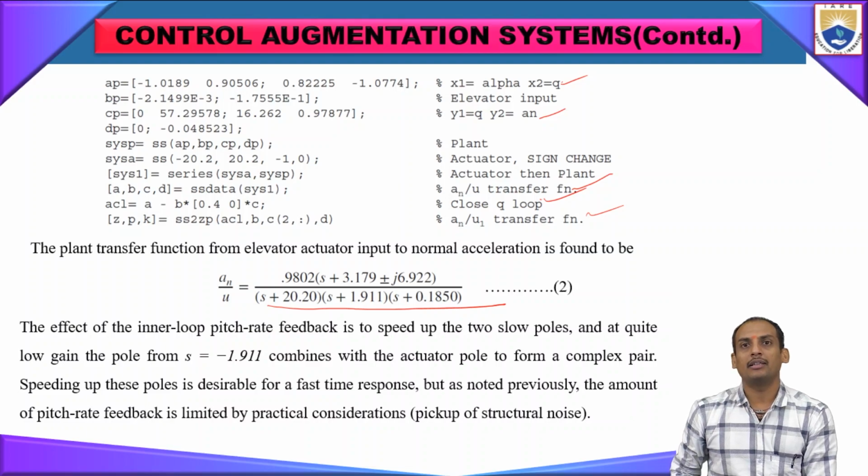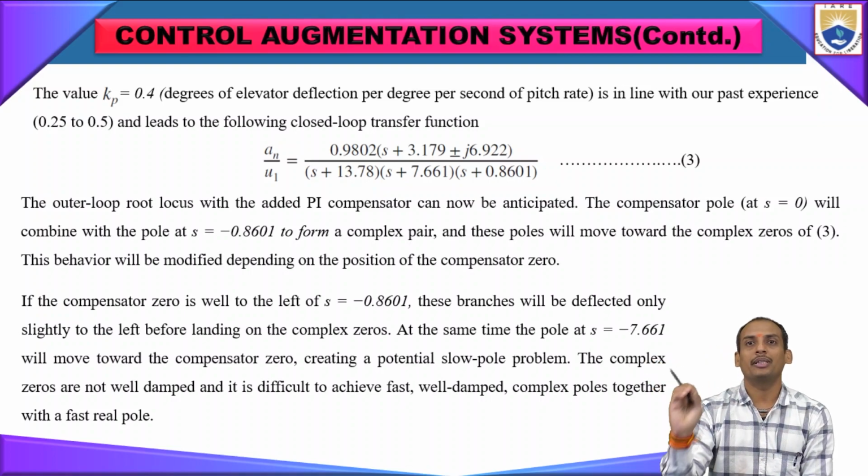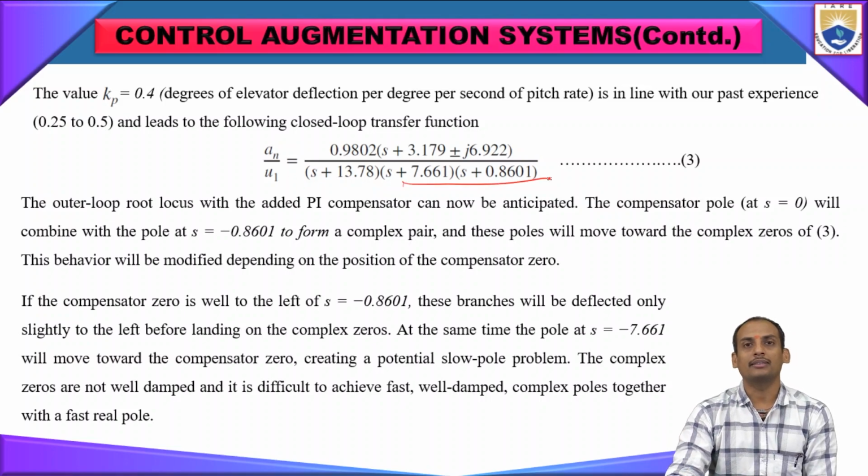With pitch rate limited by practical consideration, the value Kp will be equal to 0.4 elevator deflection per degree per second, in line with past experience, where we set it from 0.25 to 0.5. That leads to the AN by U1 transfer function, which has been changed and is given like this.